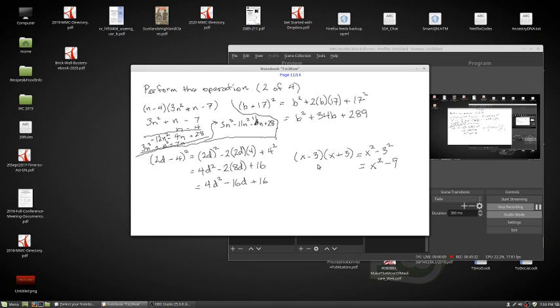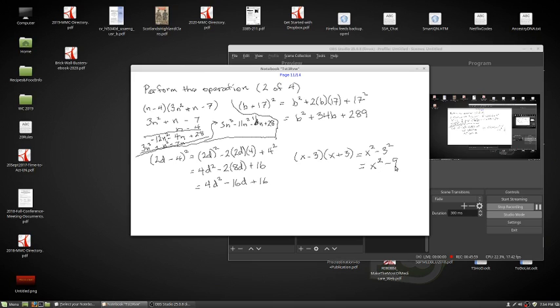And then finally, the product of conjugates. Remember, a conjugate is where the first and last terms are the same, but in one case you're subtracting, the other case you're adding. So this is going to be the first term squared, or x squared, minus the last term squared, or 3 squared.